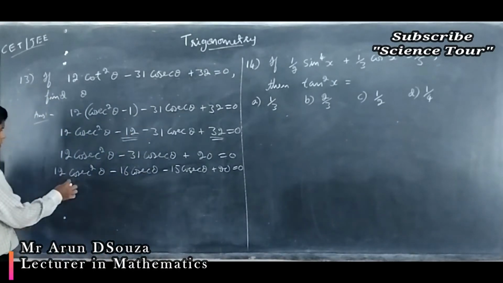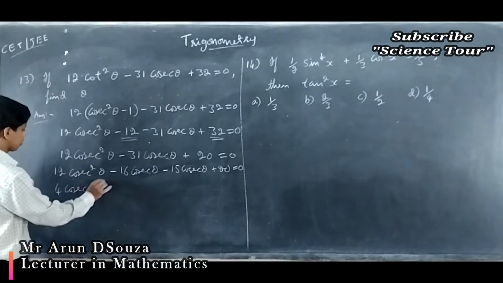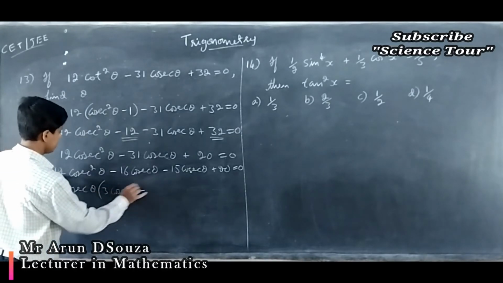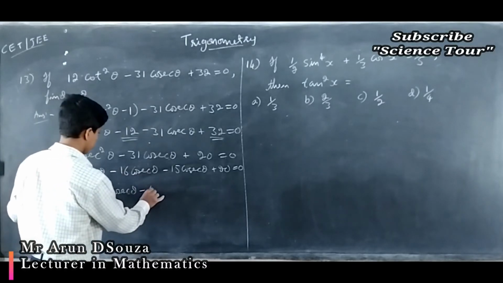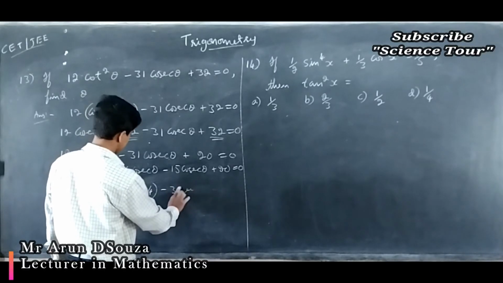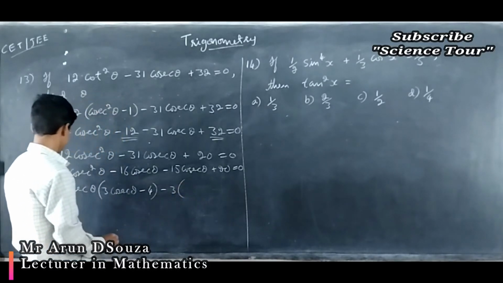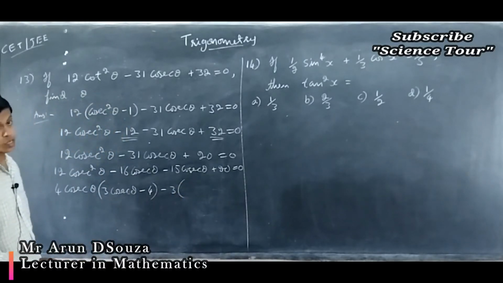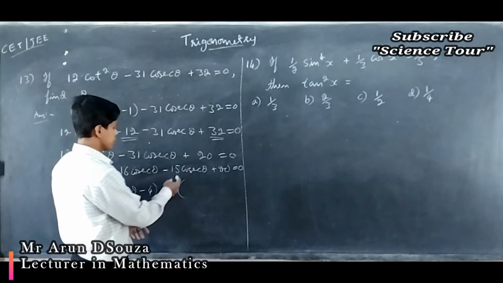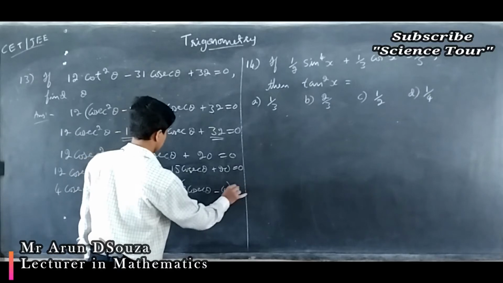Well, now you can take 4 cosec theta common. So out of this you will be left with 3 and minus 4. Here you can take minus 3, that's it, and here you will be left with, you have to take 5, I'm sorry. So you have to take 5 because 3 you cannot take from there. So if you take 5, this will be 3 cosec theta minus 4, which is equal to 0.